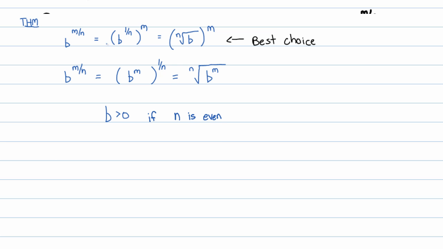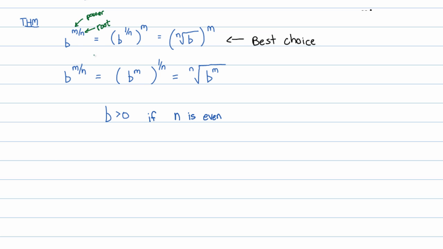Because remember, I had mentioned it in the conceptual video, the denominator of our rational exponent is our root, and the numerator is the power. So if b is negative, if our base is negative, we're taking an even root of a negative number, like the square root of negative 16, which is not a real number.